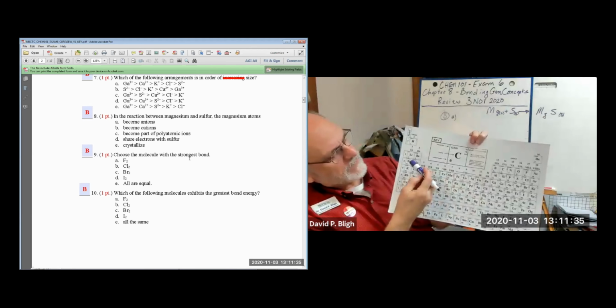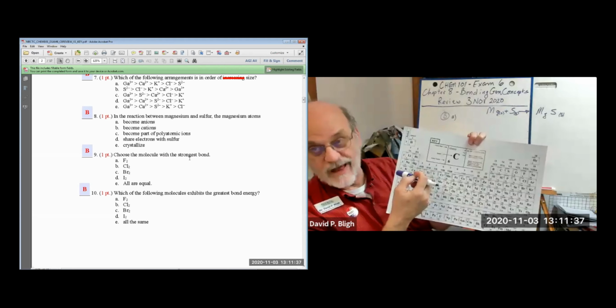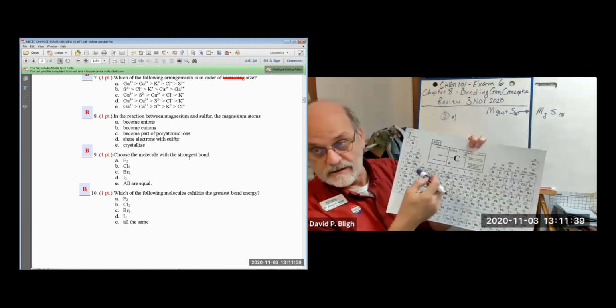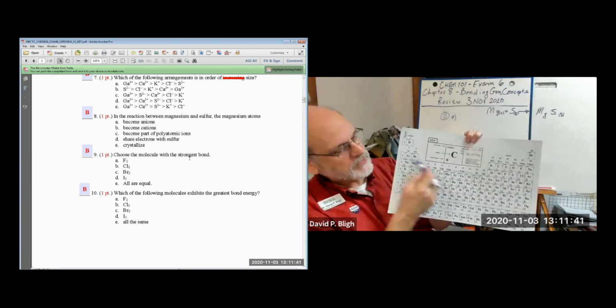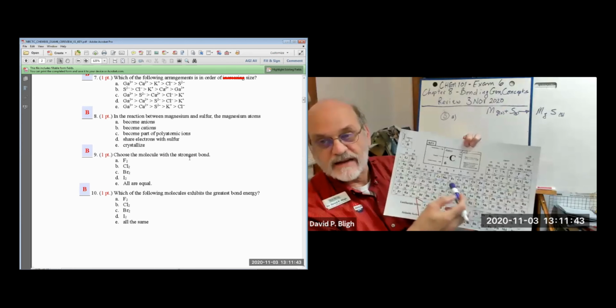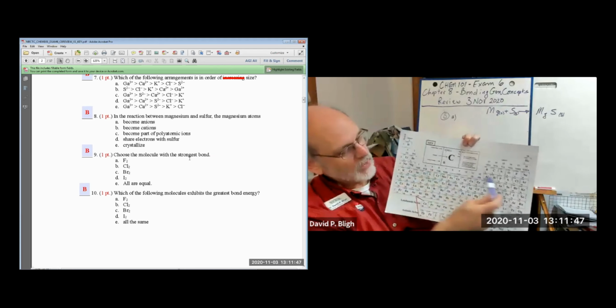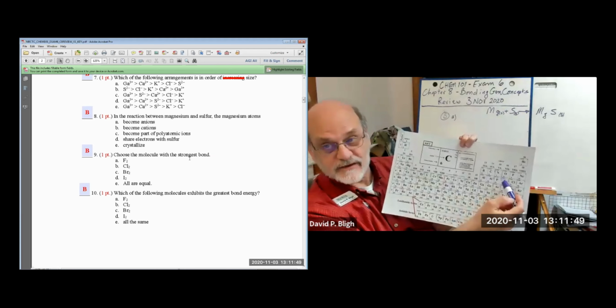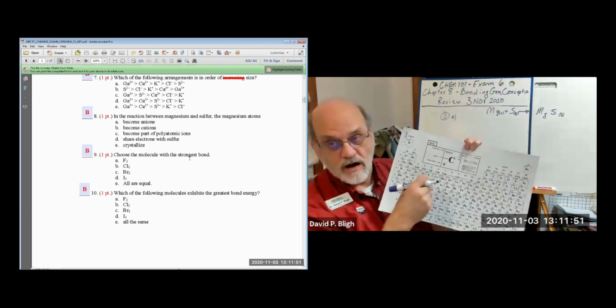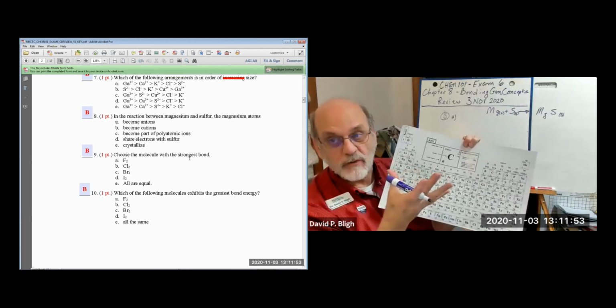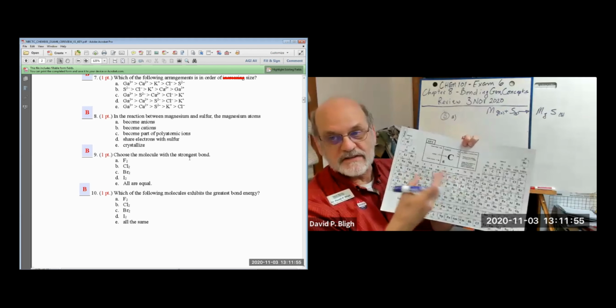So magnesium, if it loses 2 electrons, which is a lot easier than gaining 6, then we back up 2 and we end up at neon. Magnesium now looks like neon if it loses 2 electrons. Sulfur, on the other hand, if it gains those 2 electrons, it looks like argon. So both are happy with the least amount of effort.